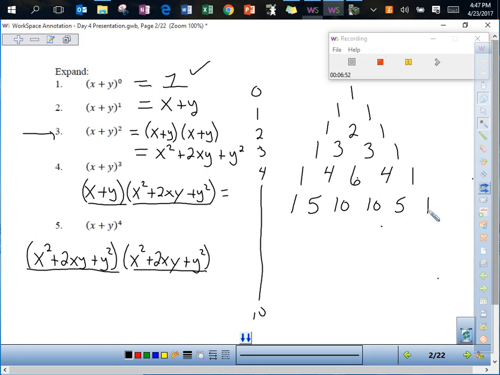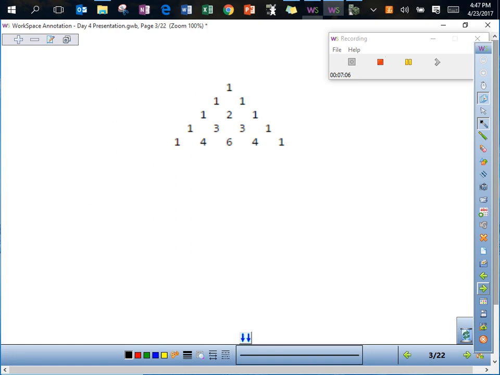Boom. I now know when I get to that screen, when I do x plus y to the fifth, I know that these are the numbers in front. And then I will show you a cool shortcut to do that. So pause the video if you need. Off to the side, the far left of your note card, have this down as row 0.